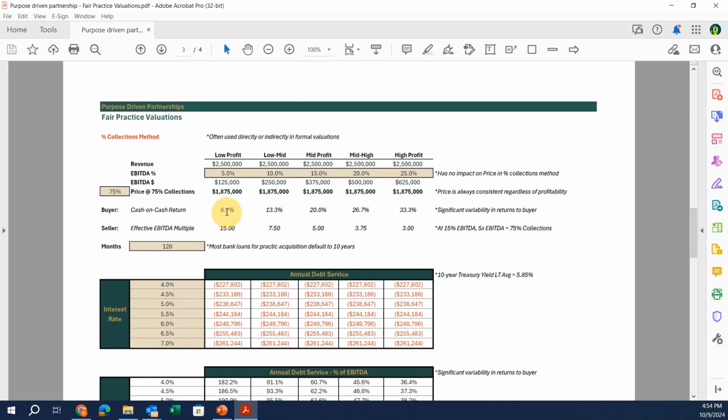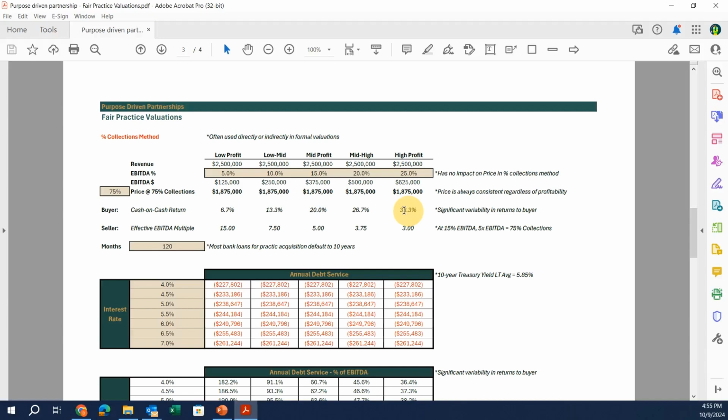At the low end, if the buyer pays $1.8 million for this practice, they'll have a cash-on-cash return of only 6.7%, and that's lower than real estate and stock market and other investments that have less risk. So typically, if we're taking on an investment that has more risk and more effort, such as owning a business, we'd expect a higher return than asset classes of lower risk.